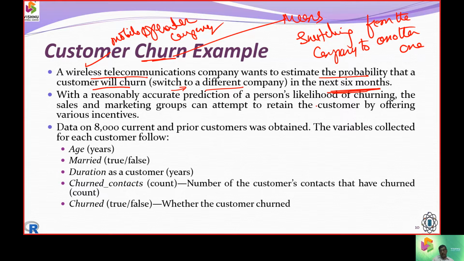If those persons are identified, they can go with customized offers to retain the customer. That is how a business can be improved. Before that, they need to apply some prediction models. They need accurate predictions with the likelihood of whether the person may churn or not.